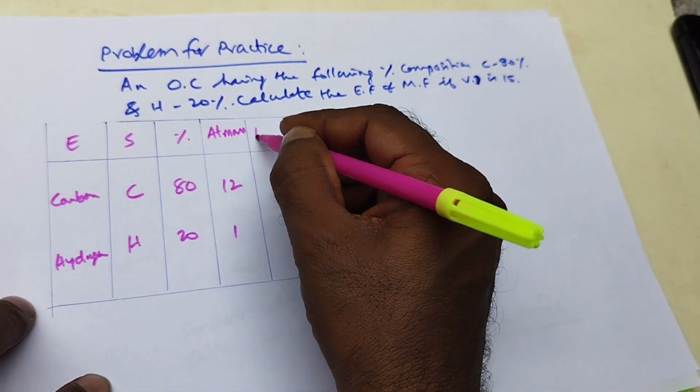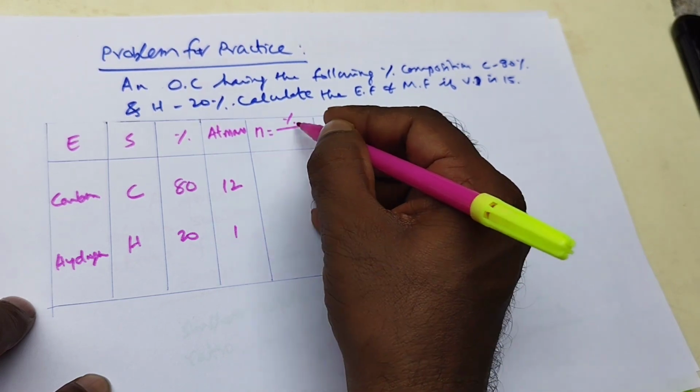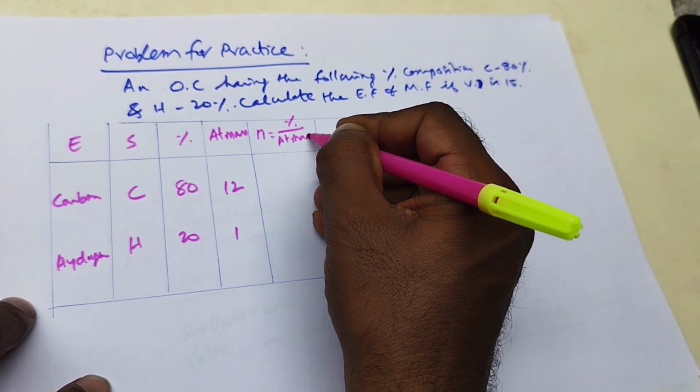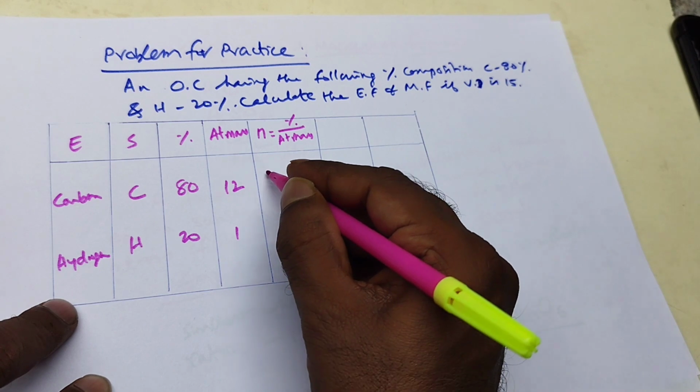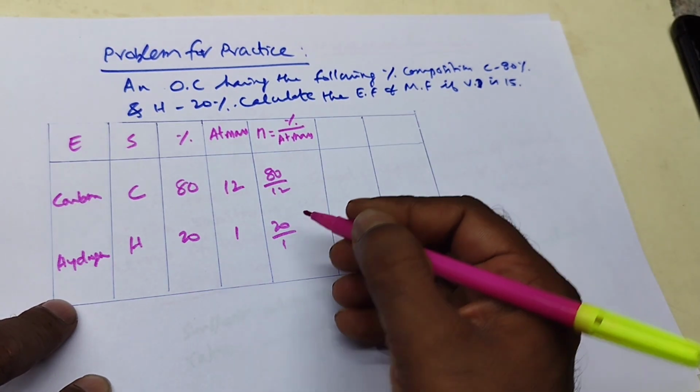And find the number of moles, percentage divided by atomic mass. So here 80 divided by 12 and 20 divided by 1.